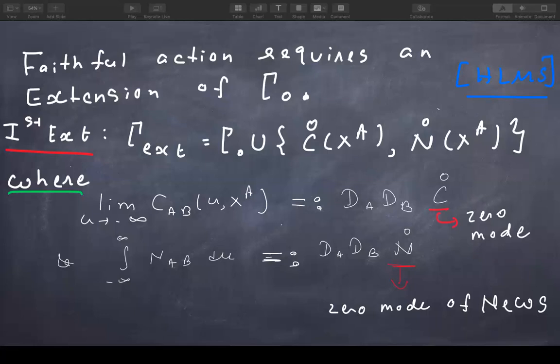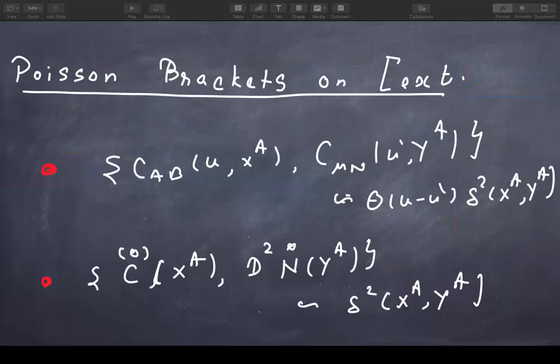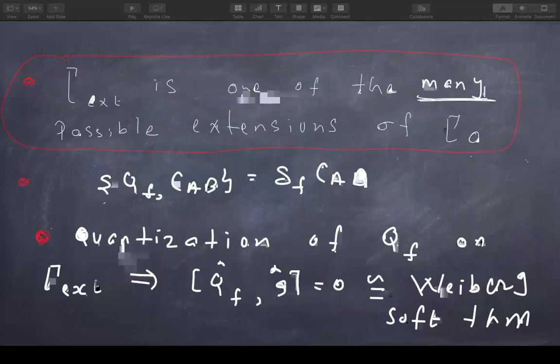So the statement is that once you add these two modes, you can do something you could not do in gamma naught, which is that you could define the bracket between shear, like you get these new brackets between the shear and N itself, which is the step function basically. And once you have these brackets, you have the action anywhere on u of the super translation on the shear.